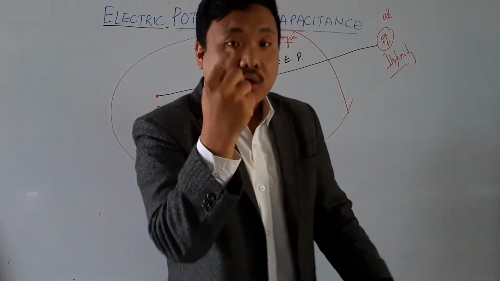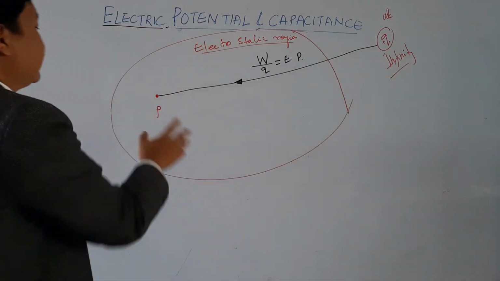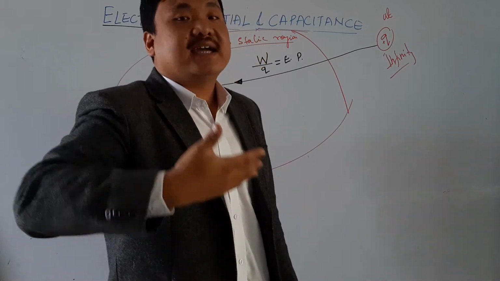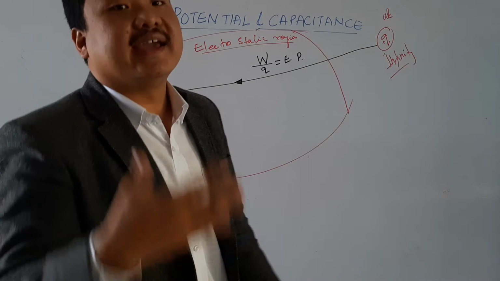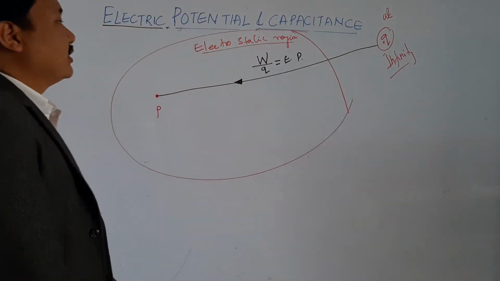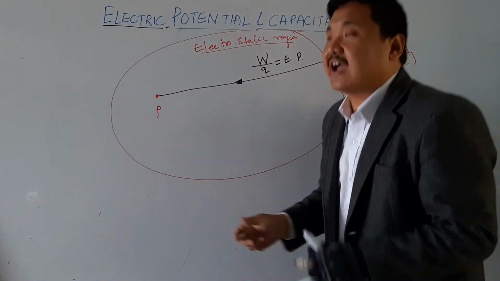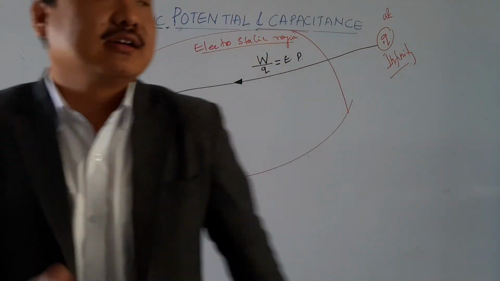Very simple. Work done in bringing this charge from infinity to that point in an external electrostatic field, or you can also say electric field. Work divided by Q is my electric potential.